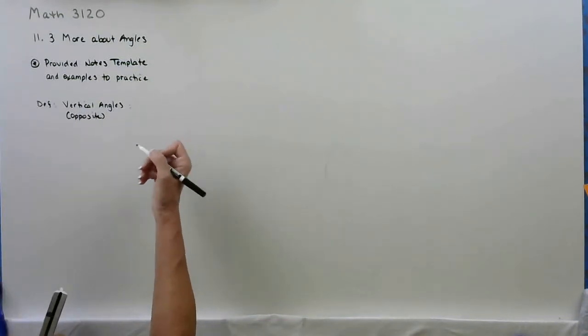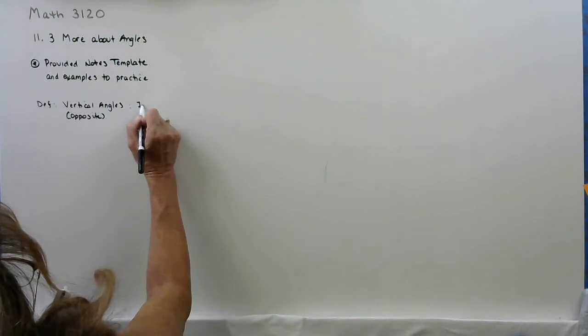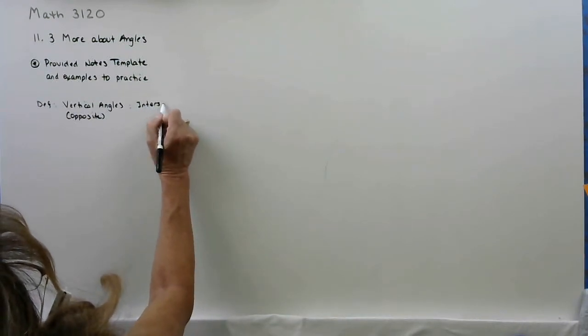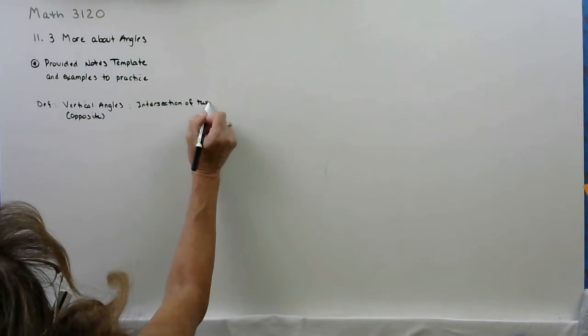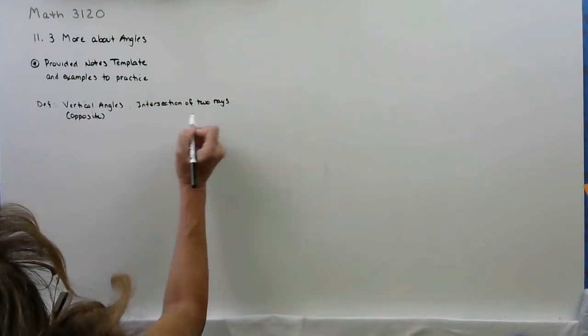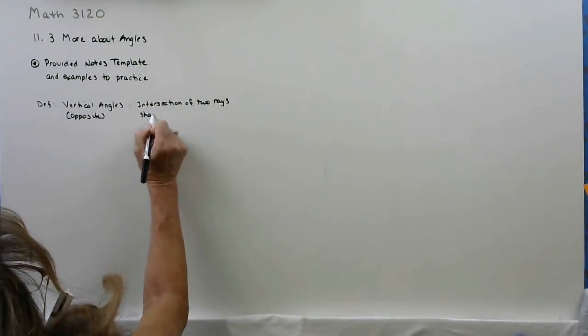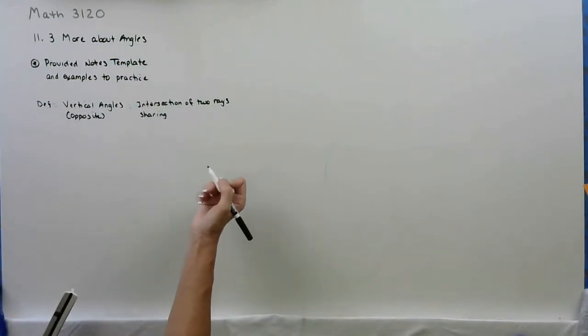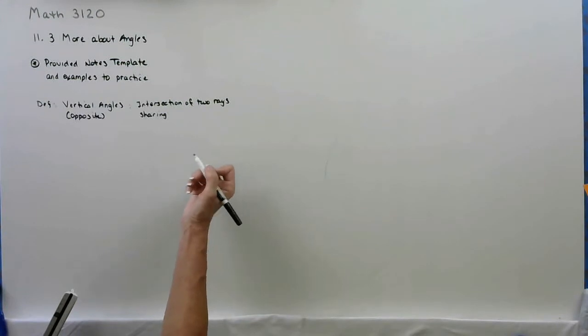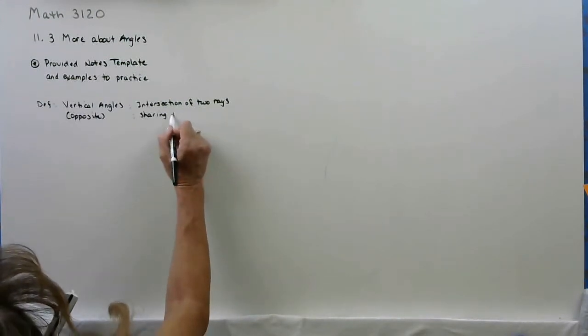They share the same vertex. This is the intersection of two rays, okay? And they can also share the same vertex.